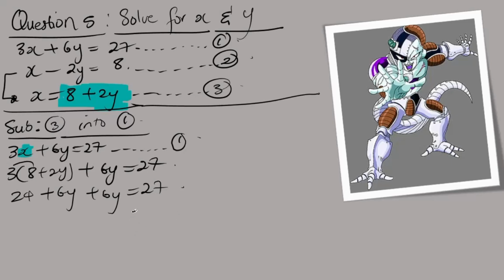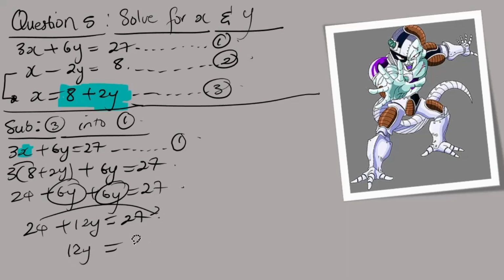So these two are like terms, which means I have 24 plus 12y is equal to 27. And then I continue solving, moving this to the other side. I end up having 12y is equal to 27 minus 24. What do I get there? I get 12y is equal to 3.